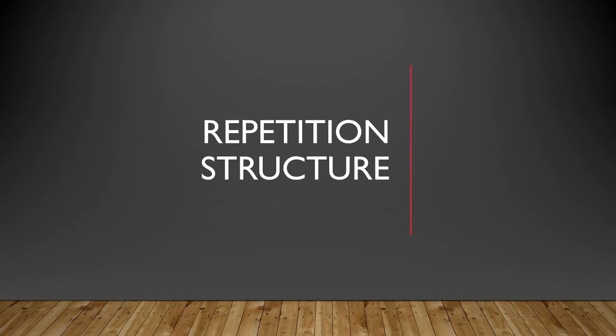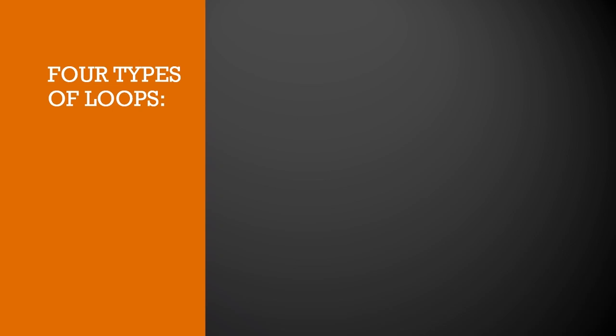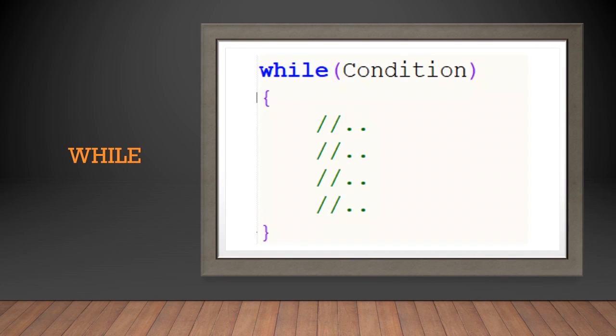Repetition structure. There are four types of repetition structure: while loop, do while loop, for loop, and for each loop. Let's have a look at a while loop. In a while loop, you write the keyword while and then your condition.